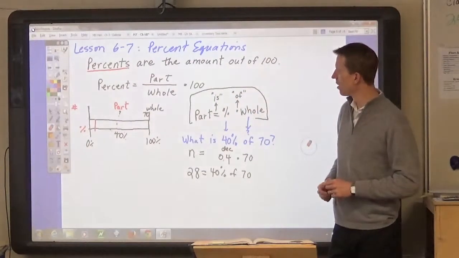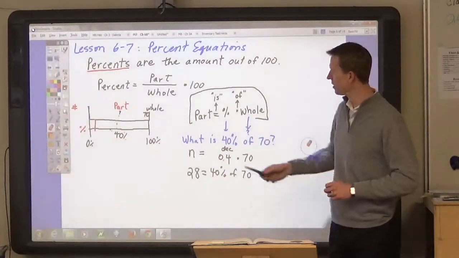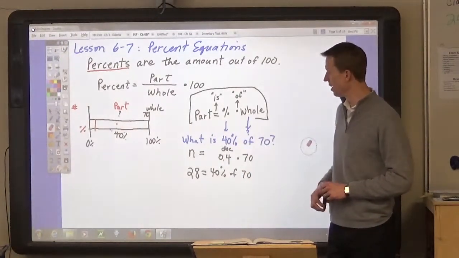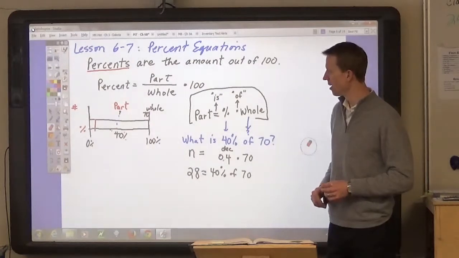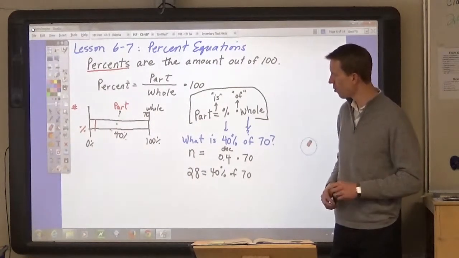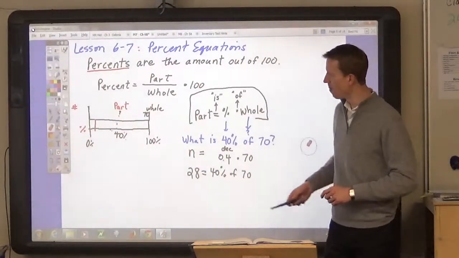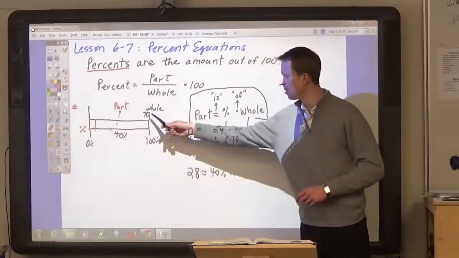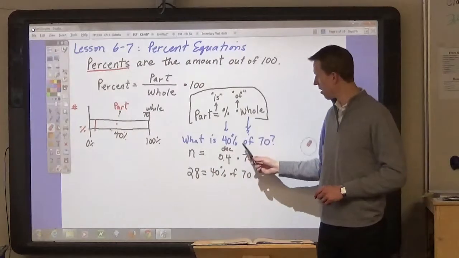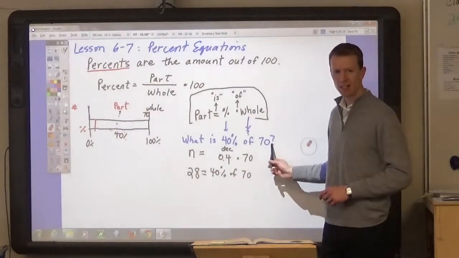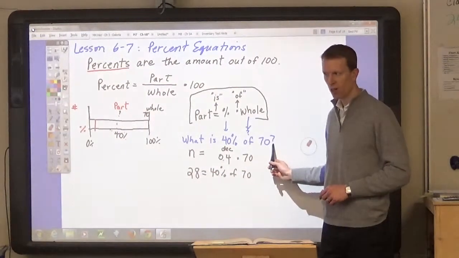And we're going to look at questions like, what is 40% of 70? Okay? What is 40% of 70? So they give us, on the model, you could write, since it says out of 70, that tells us that's the whole.